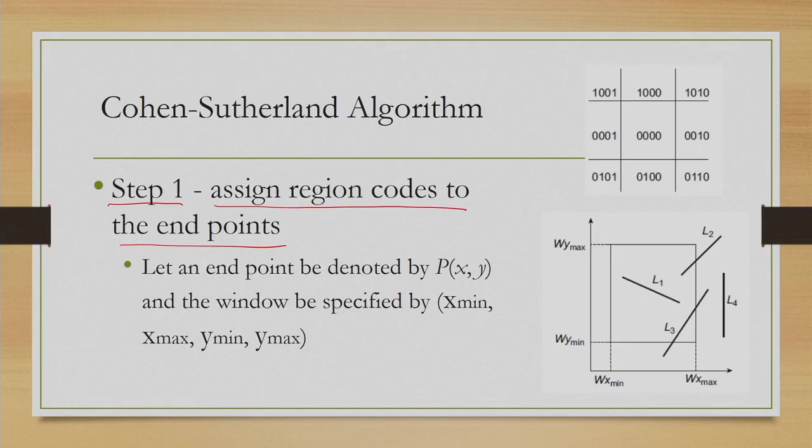How can we do that? Assume that one endpoint is denoted by P(x, y) and the window is specified by these boundary values x min, x max, y min, y max, which specify the window.